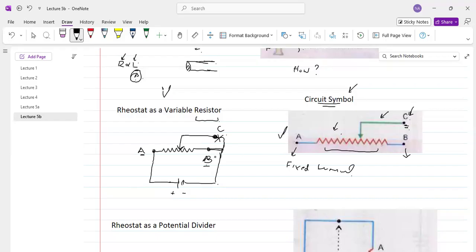But this would be optional, and in that case, the rheostat will be used as a fixed resistor. But the most appropriate use, most wanted use is the use of rheostat as a variable resistor. So, this is the basic concept for the connection when we want to use this rheostat as a variable resistor.